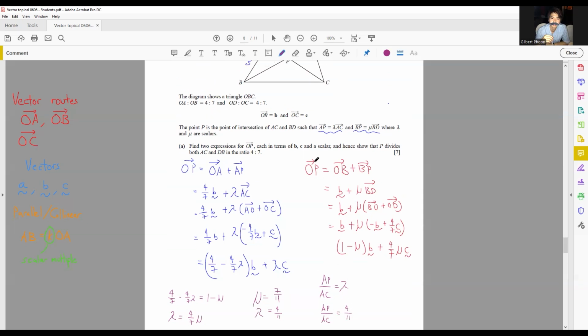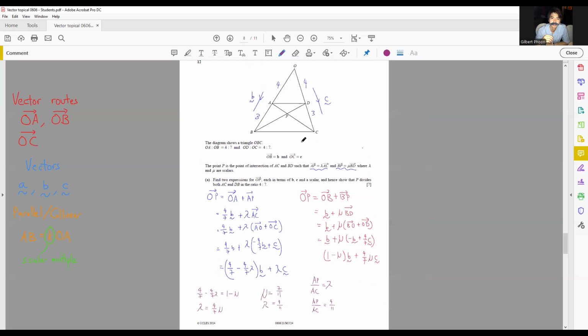Then we can look back at our graph here. AP and AC, this is 4, this is 11, right? Therefore, AP to PC will equal 4 to 7. This is the first part.